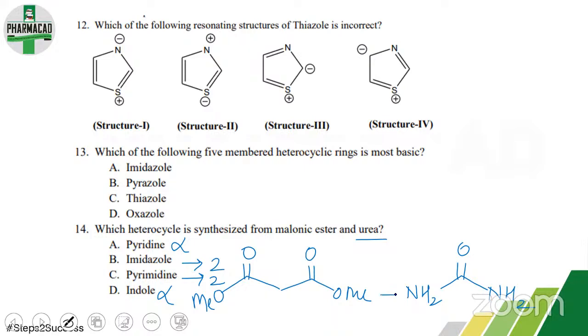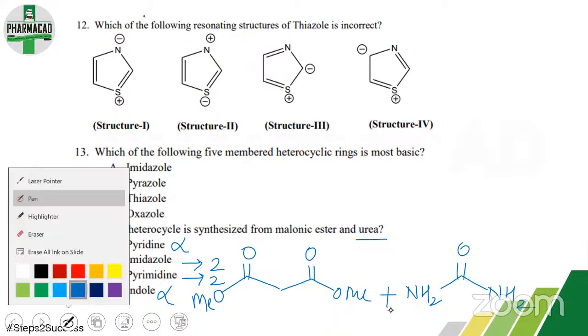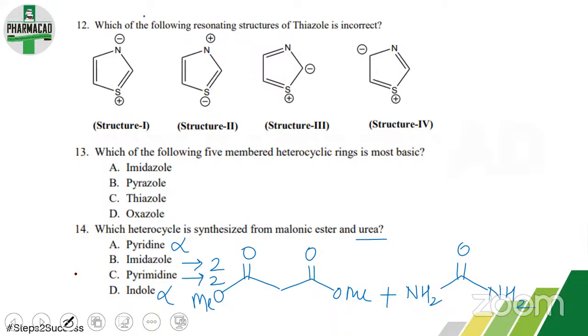Now see, when we will react this malonic ester with this urea, we will get the 6-membered compound. How we will get the 6-membered compound? If we are considering this carbon, this carbon, this carbon, these 3 carbon atoms with this nitrogen, that becomes the 4th atom, this 5th atom, and this one 6th atom.